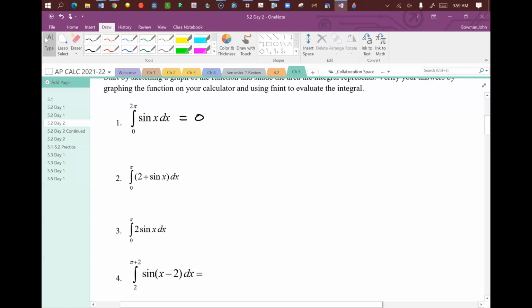Now we get into some transformations of the sine function, and this would apply to any function. So we're going to graph this transformation of the sine function, and that transformation would move the sine function's sinusoidal axis up 2 units. So our sine function would look like this. And again, this would be 2 pi, and this midpoint right here would be pi. And we want to find this area right here.